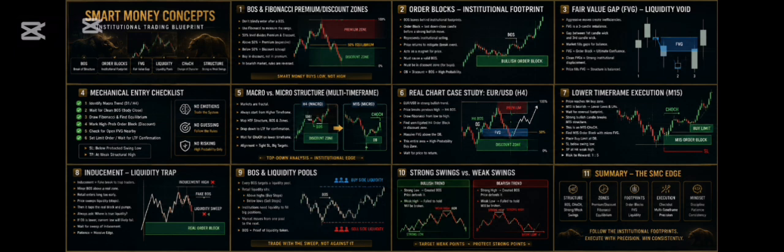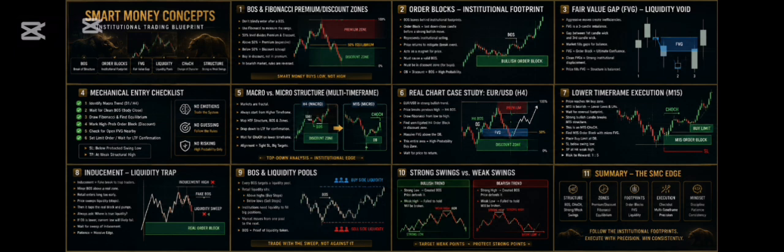Anything above the 50% level is considered premium pricing, which is expensive for buyers. Anything below the 50% level is considered discount pricing, which is cheap for buyers.